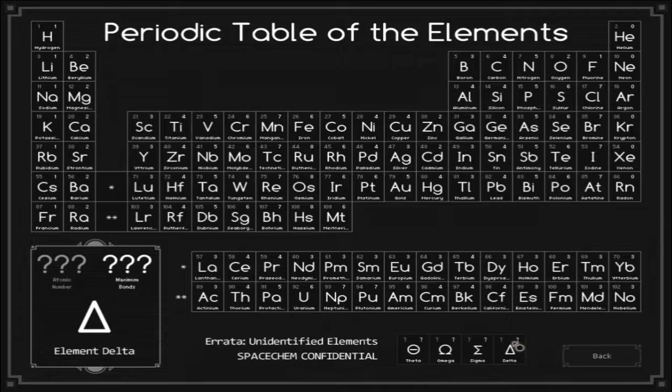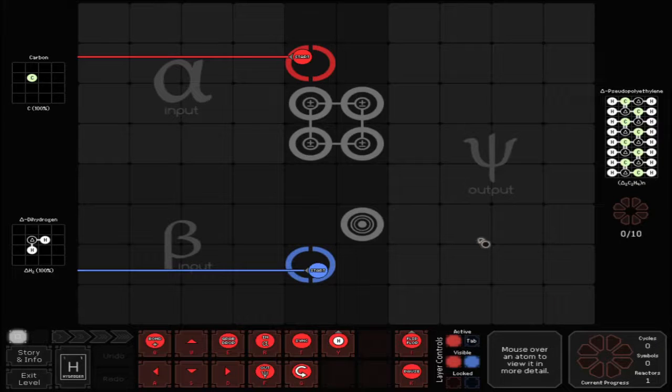It also has theta, omega, sigma, and of course itself. Now, as far as I know, I don't think they react to fusion lasers. Because I think there is one level where we have to work with both these little weirdos and a fusion laser. And I did experiment and see if I could figure out maybe what it was, but it just did nothing.